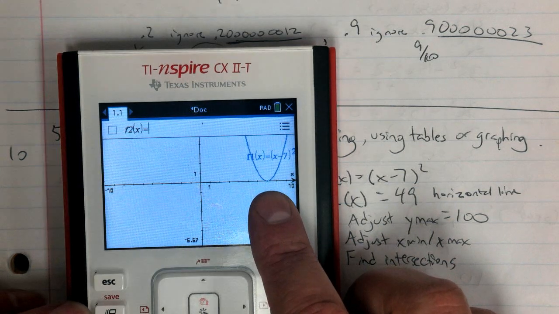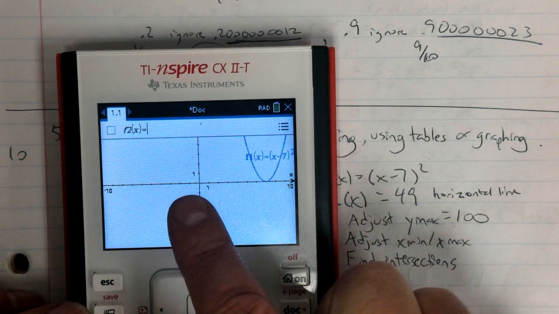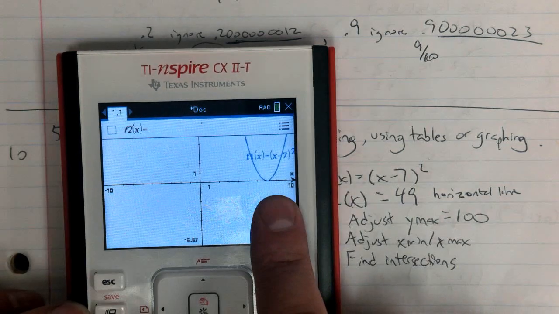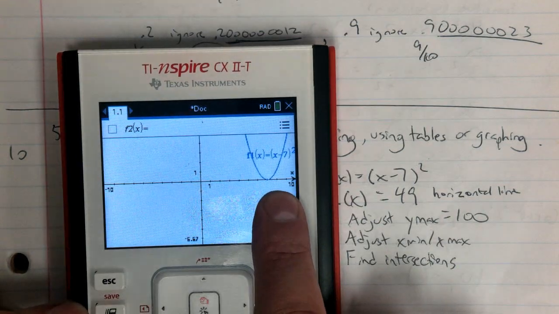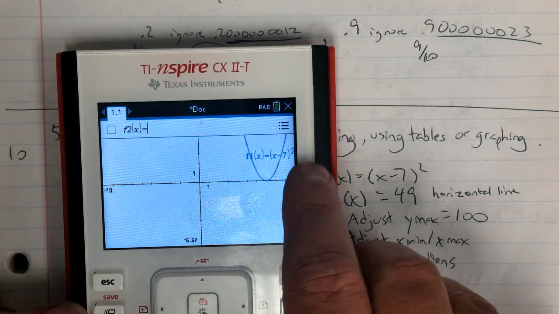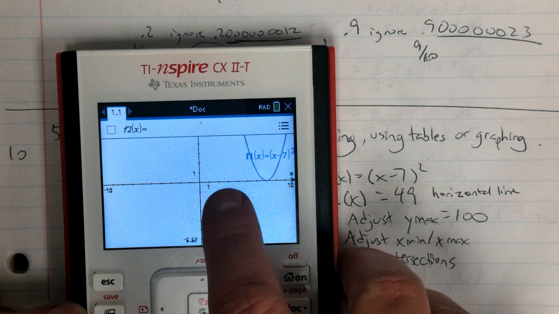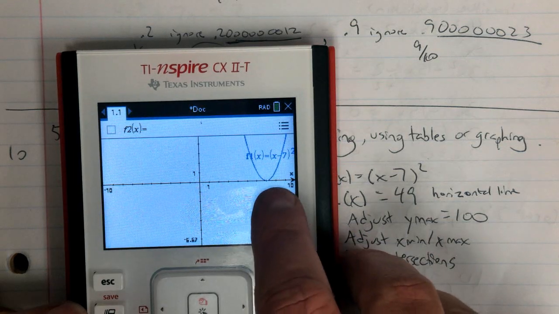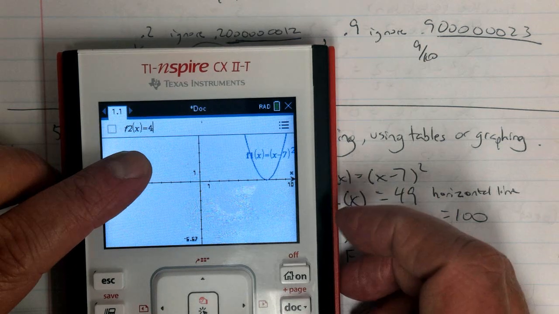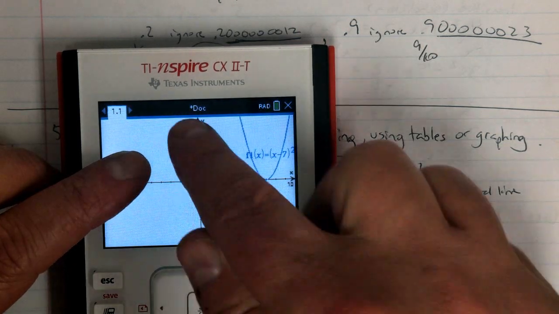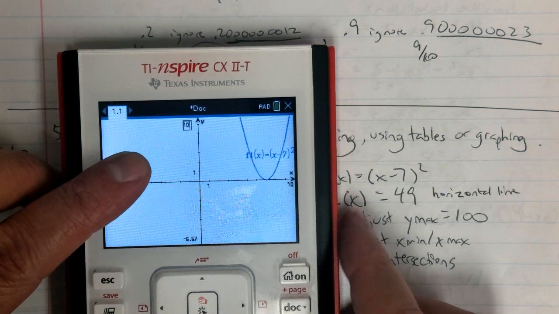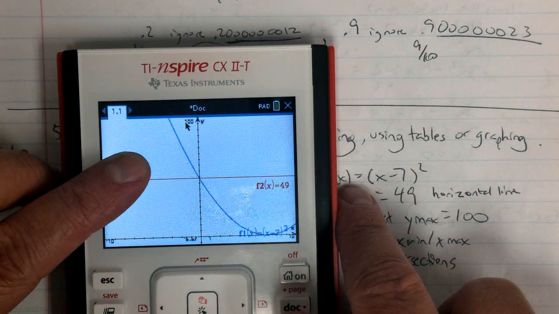Remember from your transformations, it just goes over to the right 7 and bounces there, which is called even multiplicity. That's a pre-cal thing. If it's an even exponent and it's bouncing there, that's called even multiplicity. And then if you put 49 here, you would have to change this to 100, like I said, to actually see where it crosses.